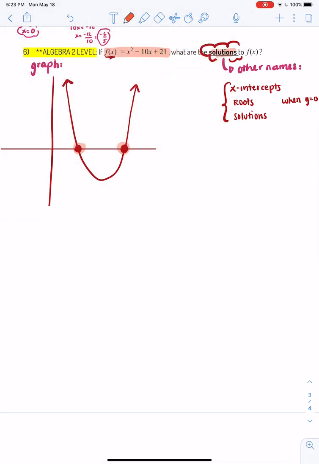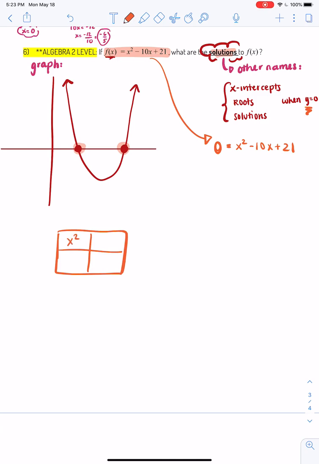So what we're going to do is take this orange function and set it equal to 0 because we want to find when y is equal to 0. And now we see a question just like we did in number 4 and 5 where we need to factor. So I'm going to go off to the side here, use our area model. We have x squared, positive 21. We know that these two orange spaces have to add up to negative 10x. We know this is going to be x and x.